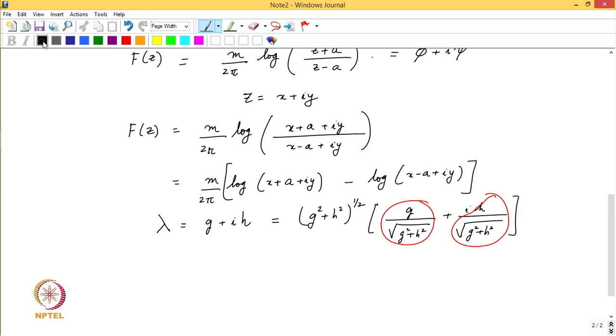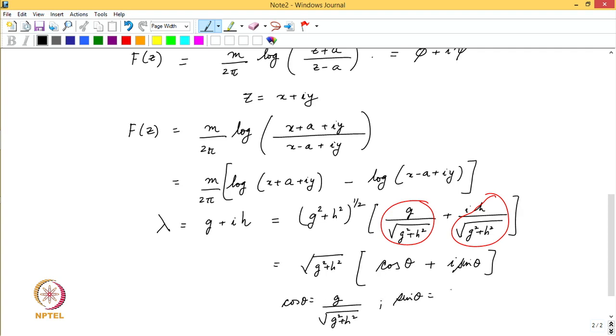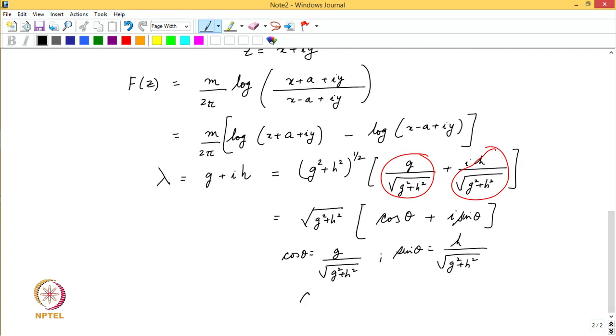More importantly, I could write this as square root of g square plus h square times cosine of some angle, say theta, plus iota sine theta, noting that cosine theta is g by square root of g square plus h square, sine theta is h by square root of g square plus h square, such that cosine squared theta plus sine squared theta will be g square by g square plus h square plus h square by g square plus h square, which is equal to 1.